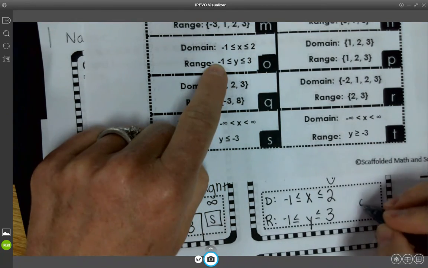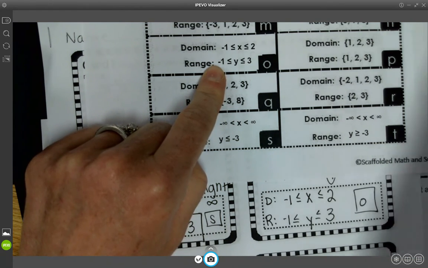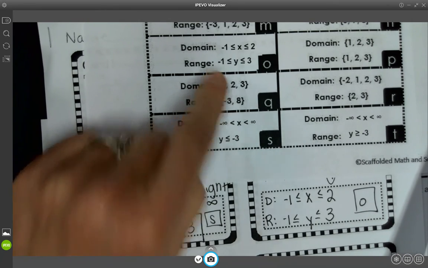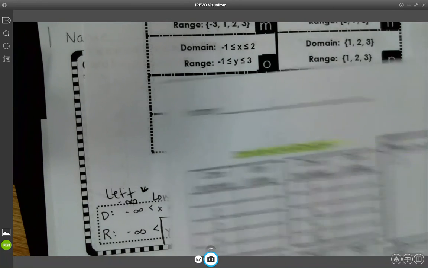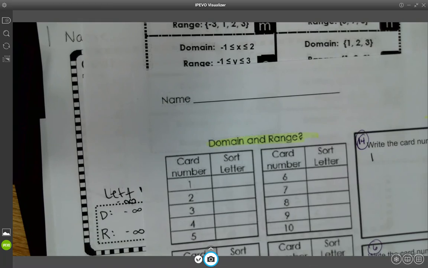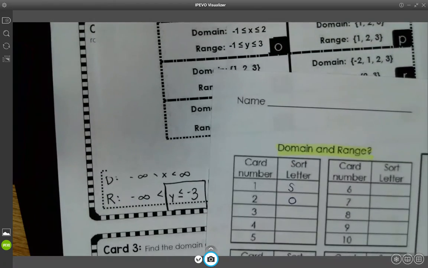So it's O. Then on your card sort answer sheet, you're going to put on number 2, O. Put an O here. So you should have S and O so far. It should look like that.